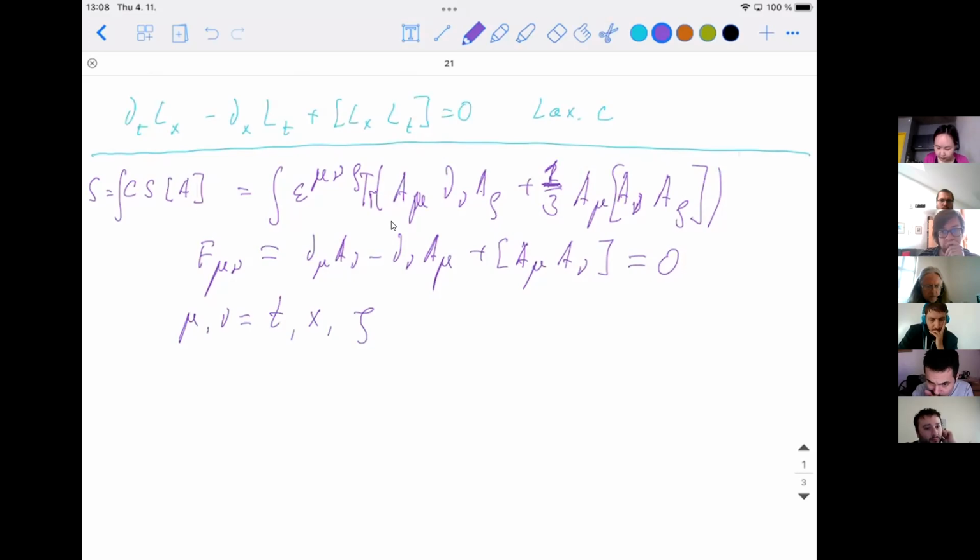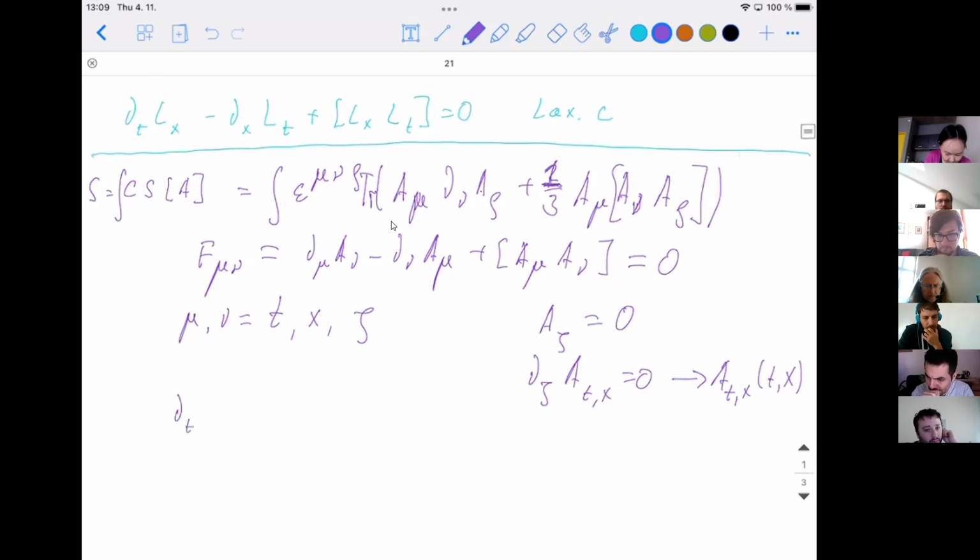Then if we fix that third dimension, this will depend on just these two coordinates, and this equation looks more like the Lax connection.